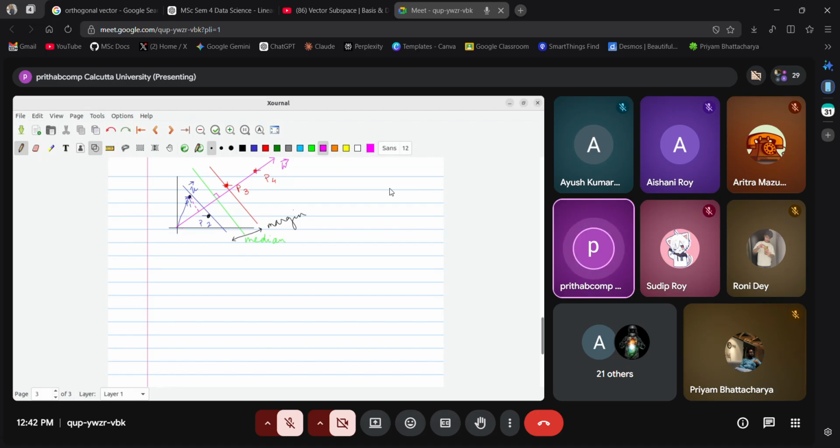And this projection, meaning this part of it, I'm naming it C. The projection is basically a length, right?